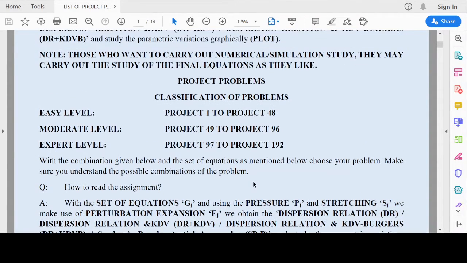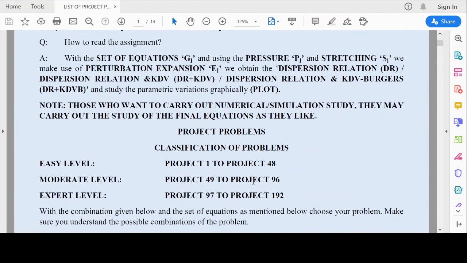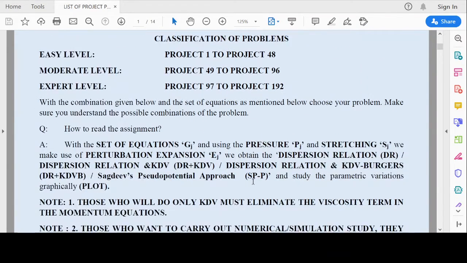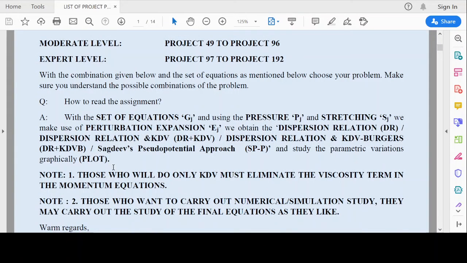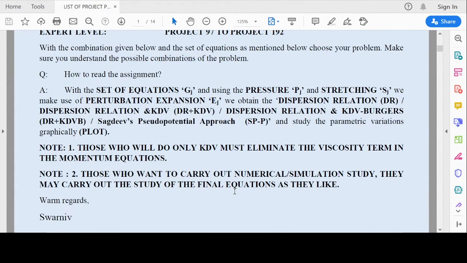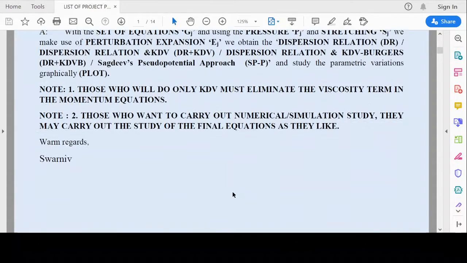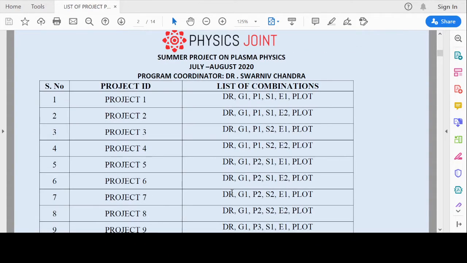You see, this has been typed twice. Okay, so you see there's a Sagdeev pseudo-potential approach that has been included here. Well, come here first.